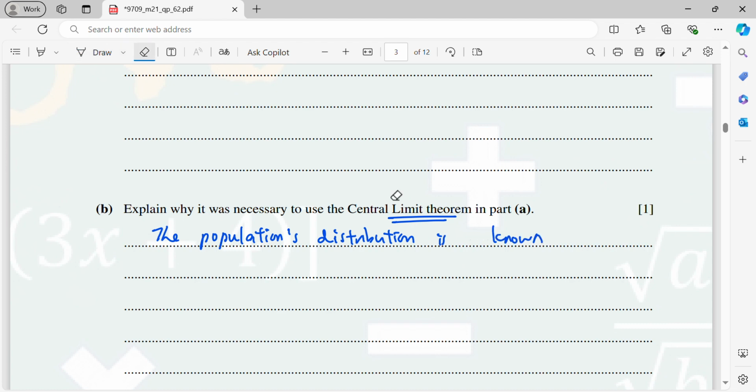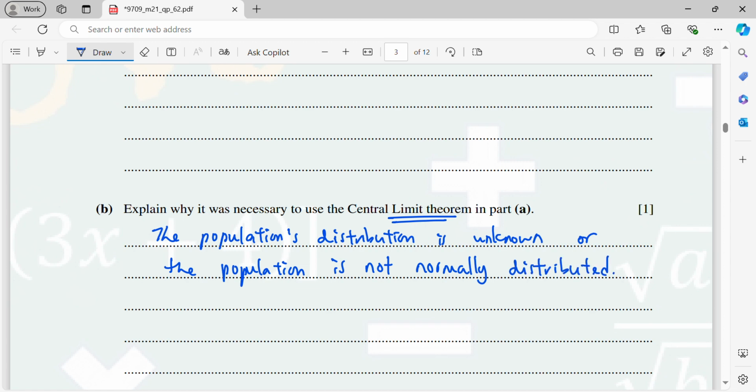Or probably you can write it is not normal, because the question never mentioned that the population is normal. It's not normally distributed. So that's the reason for us to use the central limit theorem, and also the n is large.